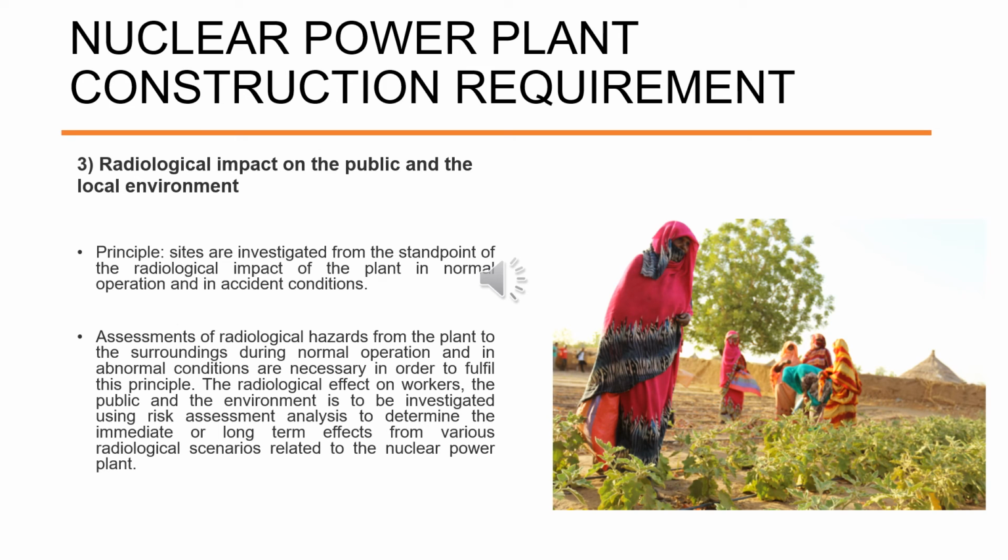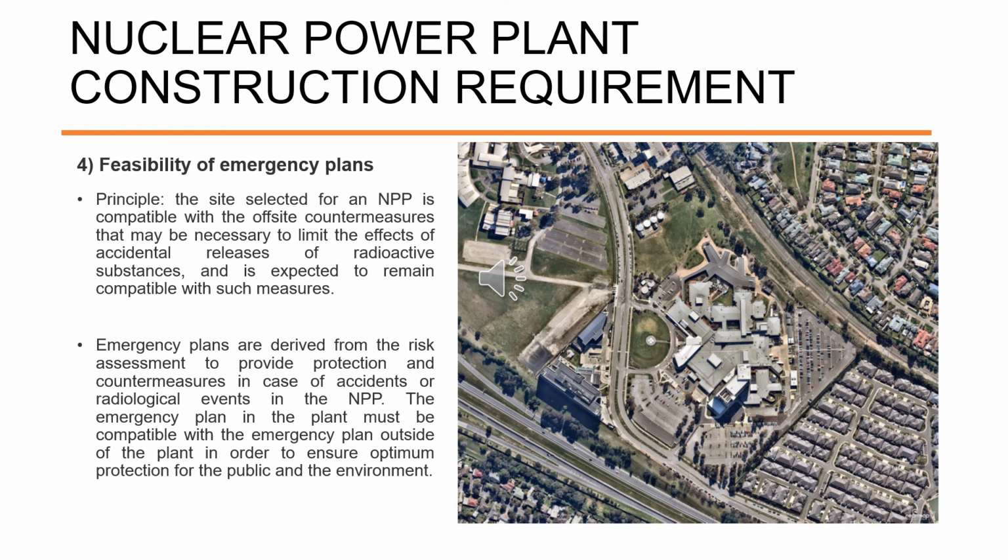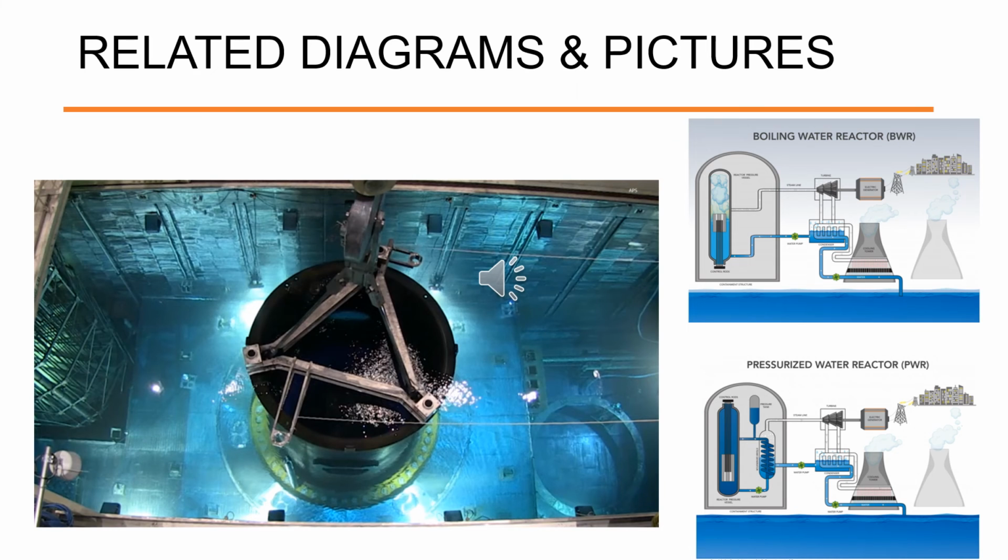Assessment of radiological hazard from the plant to the surroundings during normal operation and in abnormal condition are necessary. Number four is feasibility of emergency plan. Emergency plans are derived from the risk assessment to provide protection and countermeasures in case of accident or radiological event in the nuclear power plant.